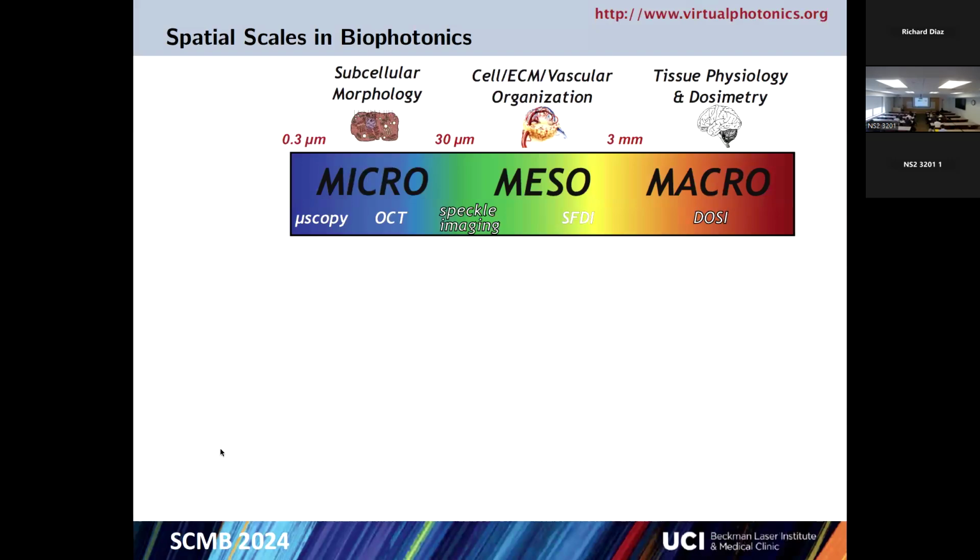And so they really utilize the coherent wave nature of light, the ability to excite emission from either native biomolecules or from contrast agents that are intentionally put in tissues.